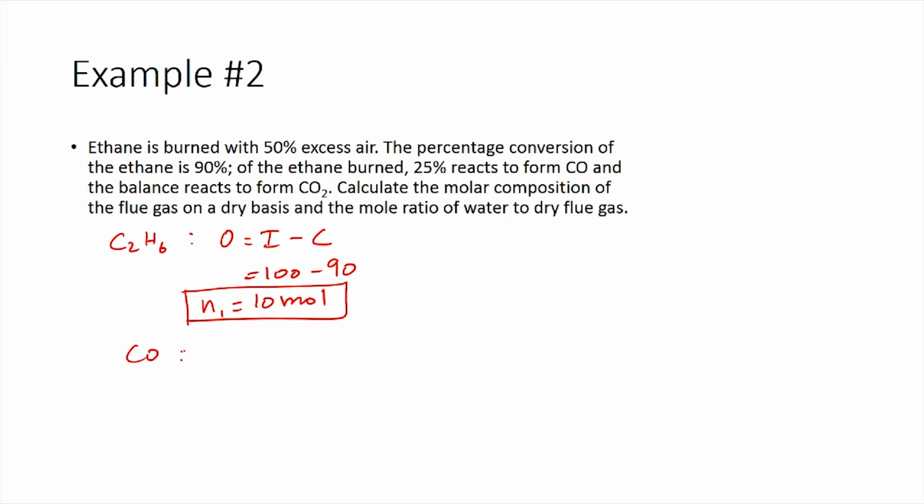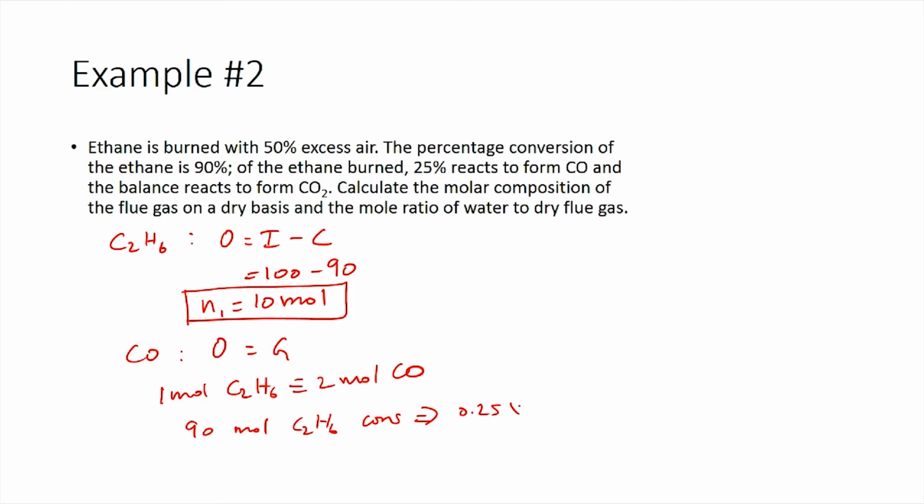So, if we were to write a balance equation for carbon monoxide, it would be output equals generation, and the generation would be based on the stoichiometry of partial combustion. We know that 1 mole of C2H6 produces 2 moles of carbon monoxide. So, this means the amount of ethane which is consumed for this reaction times 2 would be the amount of carbon monoxide generated. So, we know that 90 moles of ethane is consumed.